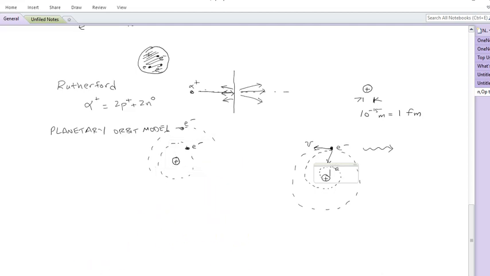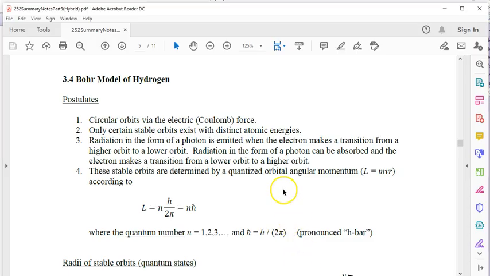Okay, so I'm going to go to the study notes, the summary notes, I should say, and here are the postulates in a nice clean package. All right, so the first postulate, and you should know these postulates, is Bohr assumes that this one electron orbiting the positively charged nucleus is in a circular orbit via the electric or Coulomb force.